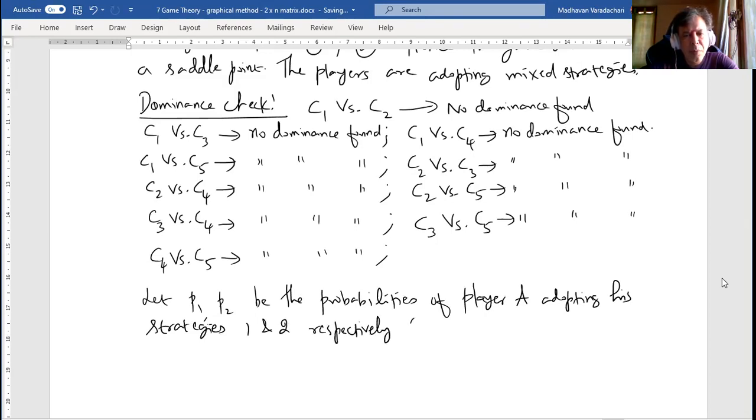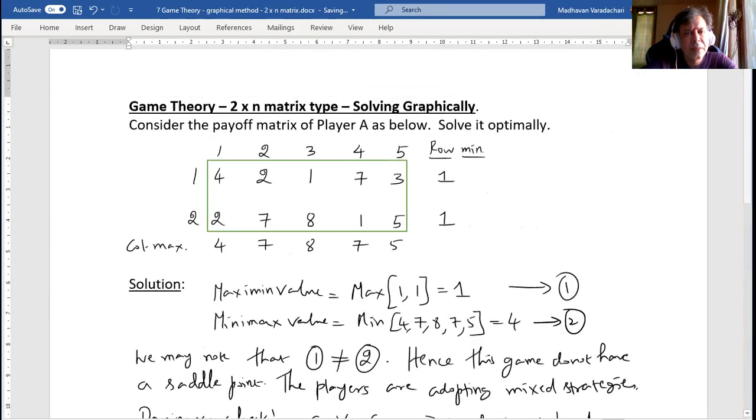Since there are only two probabilities, we can say P1 plus P2 equals 1, or I can say P2 is nothing but 1 minus P1. This is about player A. This is player B.